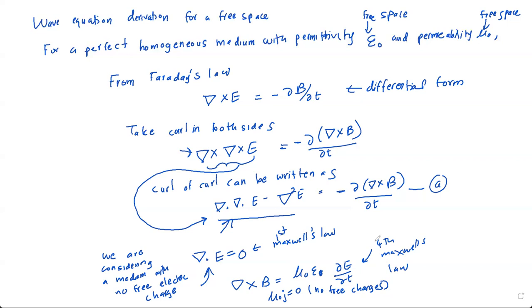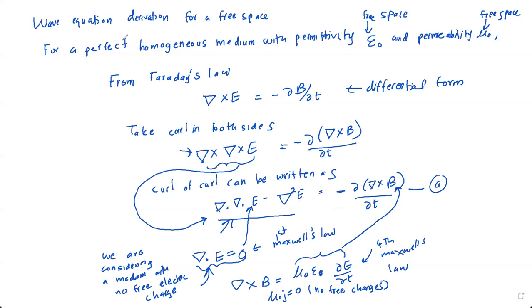Using these two conditions, we can simplify equation A further. We can substitute this expression into here, and we can substitute this del dot E into here. By doing that, we can simplify this equation further.